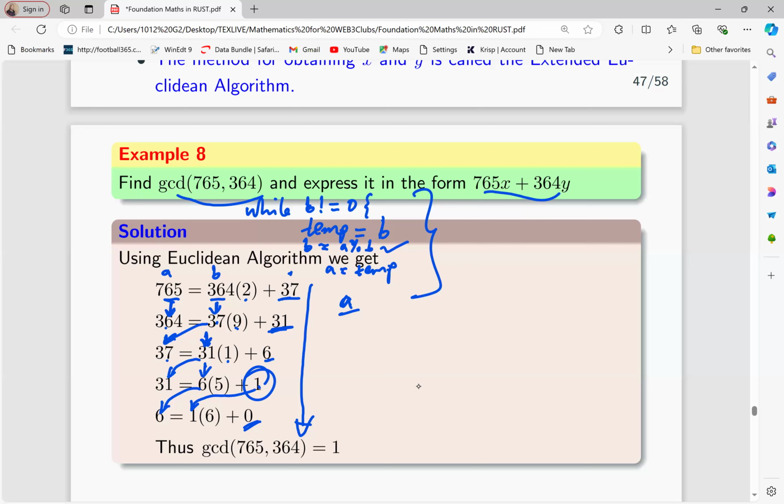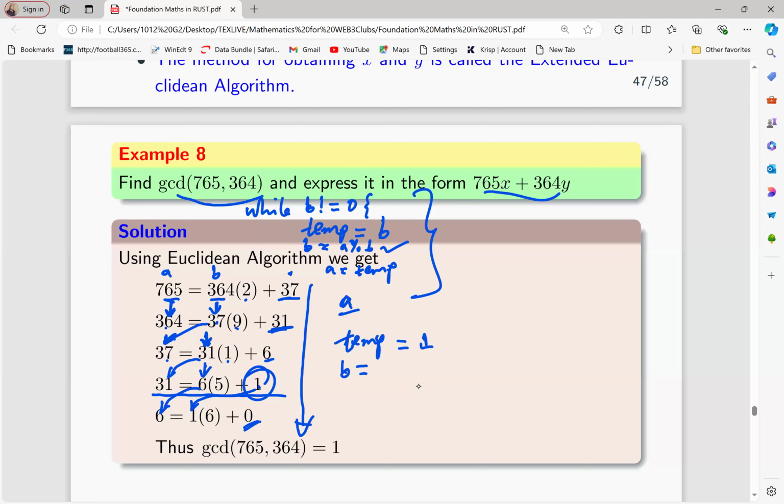But now, what is in the temp here? Our temp before this step would be 1, is it? Our temp will be 1. And then our B will be what you get.